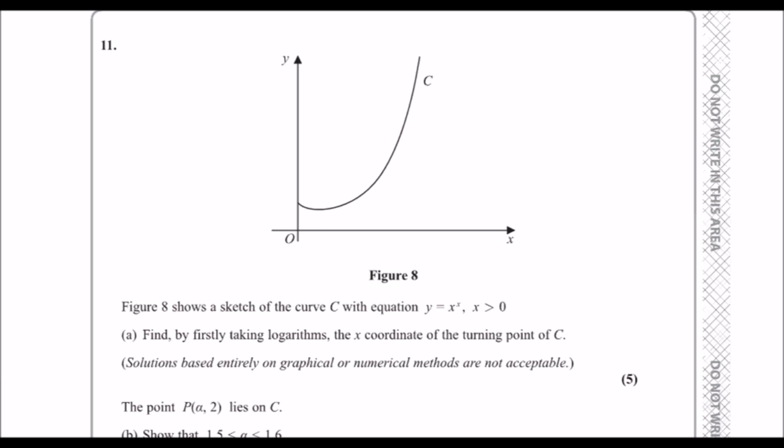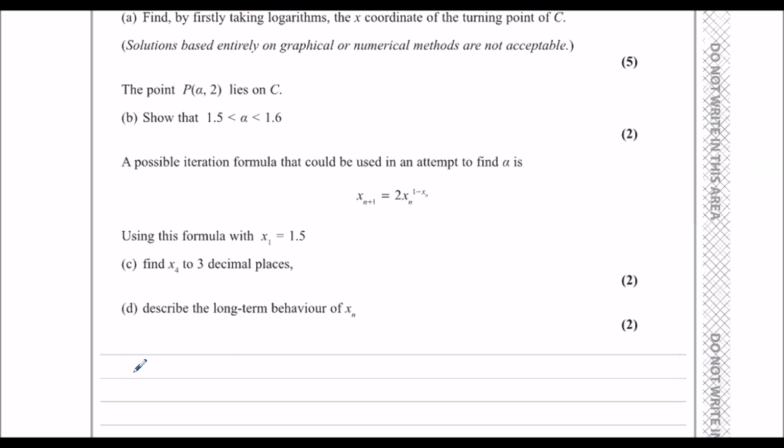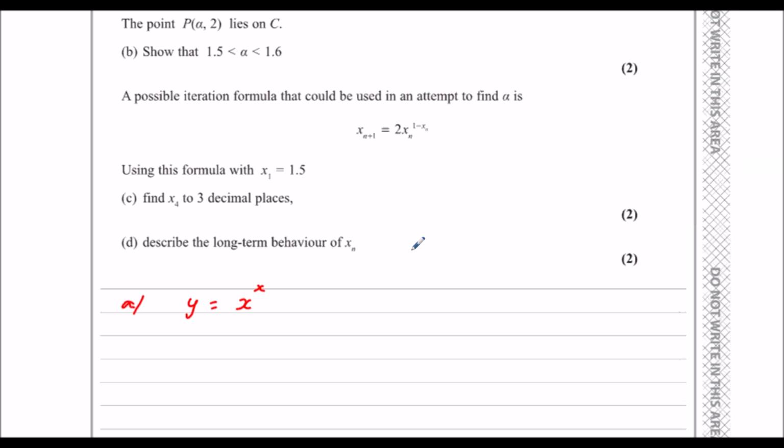Question 11. Figure 8 shows a sketch of the curve C with equation y equals x to the power of x, where x is bigger than 0. Find, by firstly taking logarithms, the x-coordinate of the turning point of C. So we've got y equals x to the power of x, and we're told the first step, take logarithms.